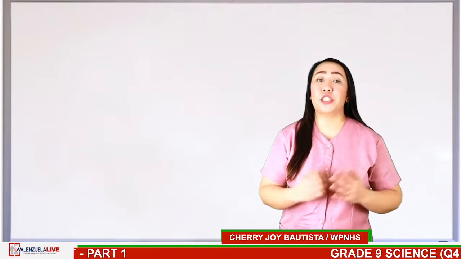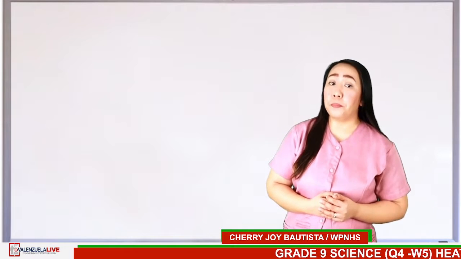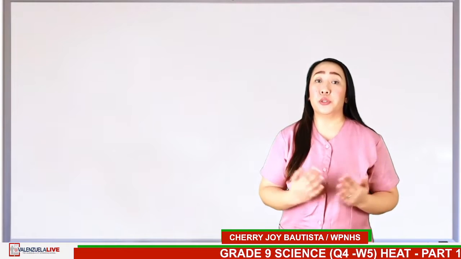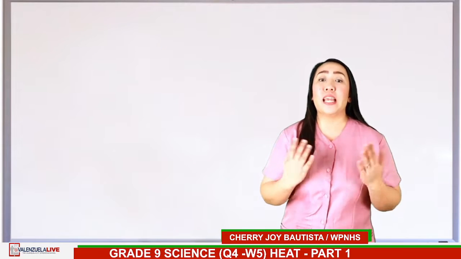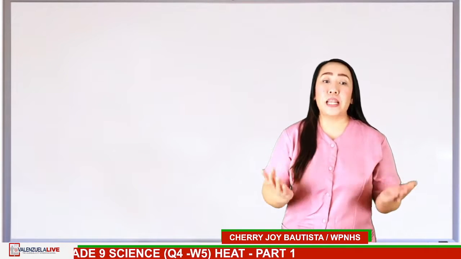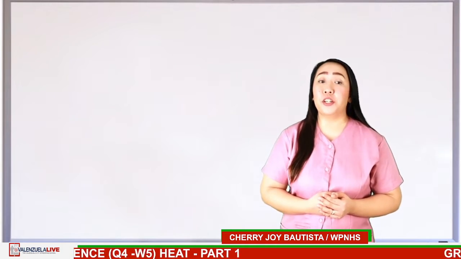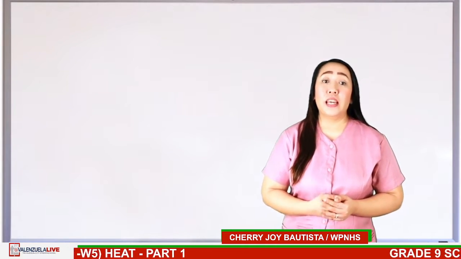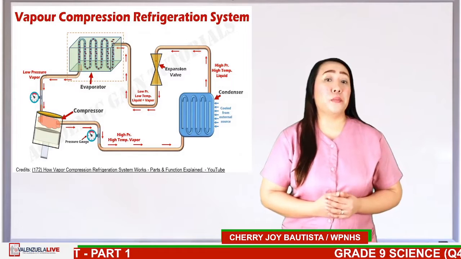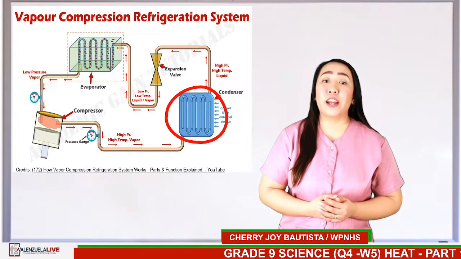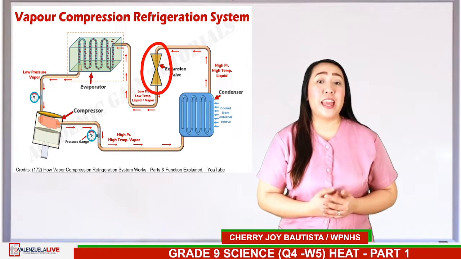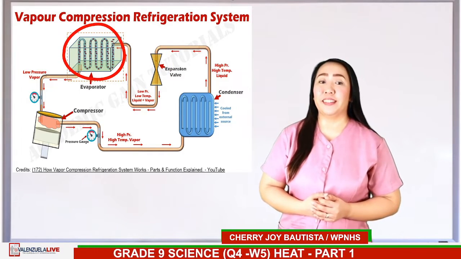For us to understand more about heat pumps and how our refrigerators work, let's look into the major parts and components and basic working procedure of a refrigerator. Here we have a compressor, condenser, then there is an expansion valve and evaporator.